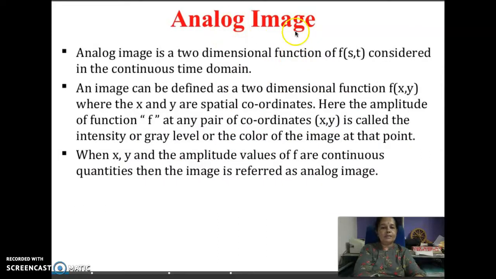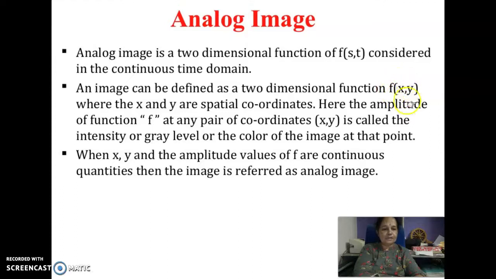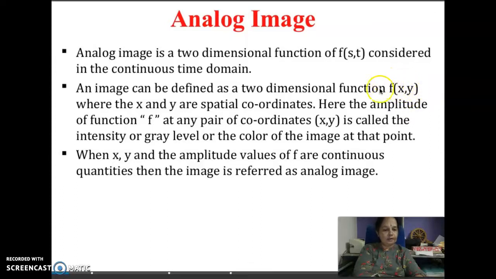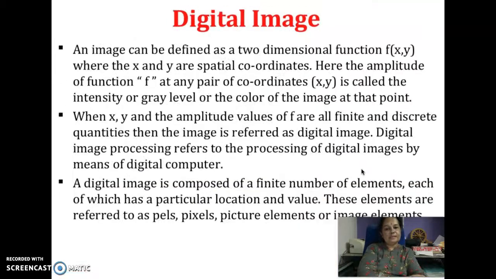So analog image is the image where the function f(x,y), in this both x and y and the amplitude of f, if they are all continuous quantities, then the image is referred as analog image. So how we say about the digital image?